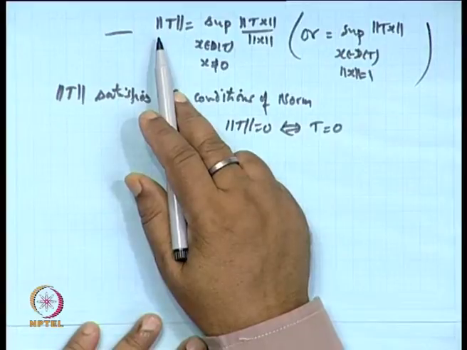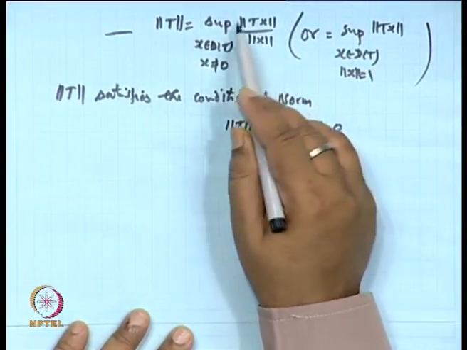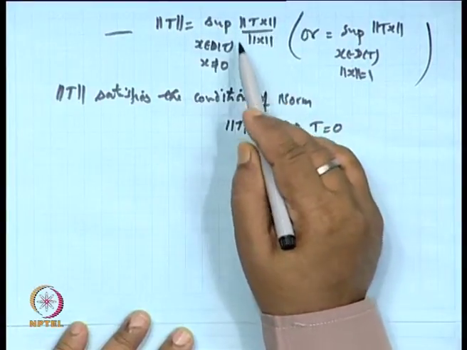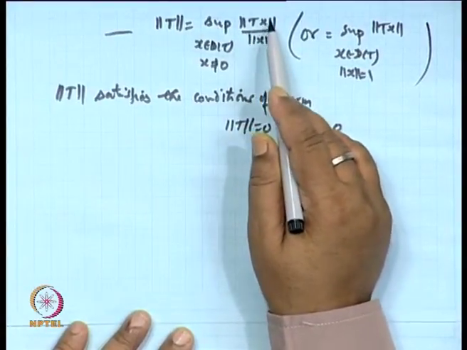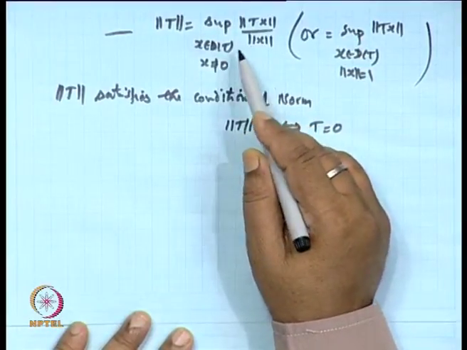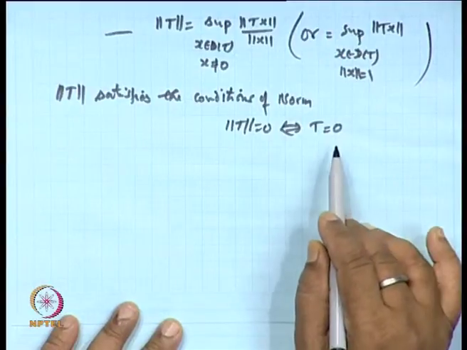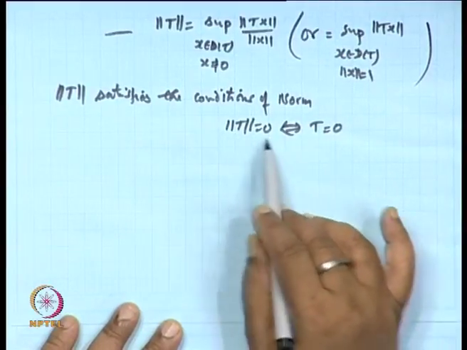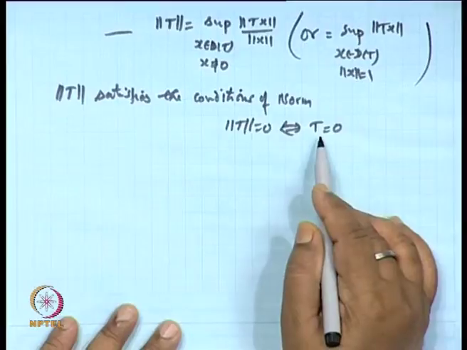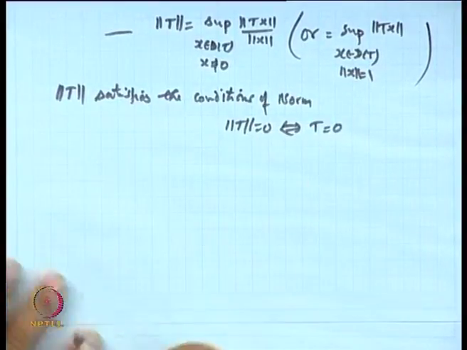Because if it is 0, then according to this the supremum has to be 0 for all x belonging to this. But if norm of Tx is 0, or norm of Ty is 0 for all y where norm y is 1, then it is only possible when T is 0. So vice versa, norm T equal to 0 implies T is 0, and similarly if T is 0, this entire part will be 0 and we get norm T is 0.